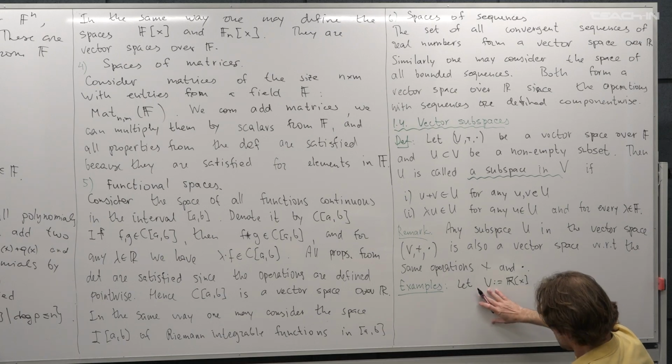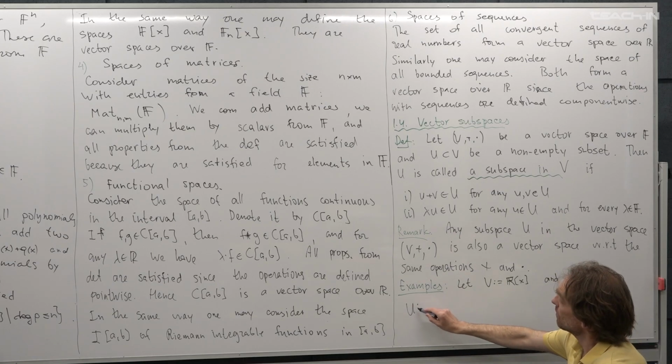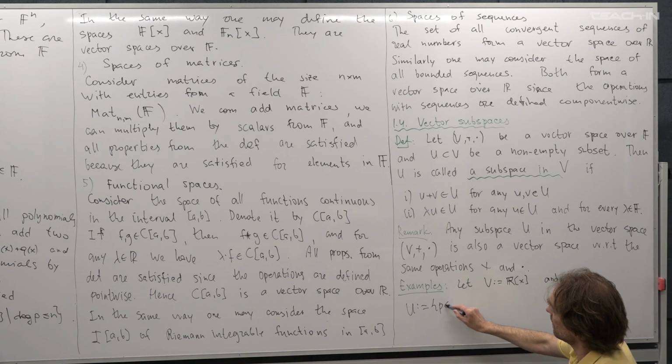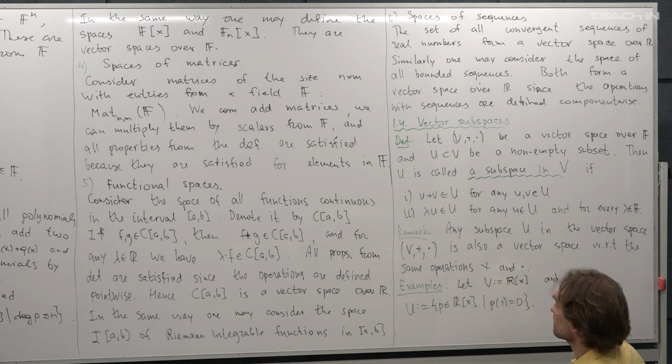So let V be the space of polynomials and let U be the set of all polynomials in this space such that P(1) = 0.